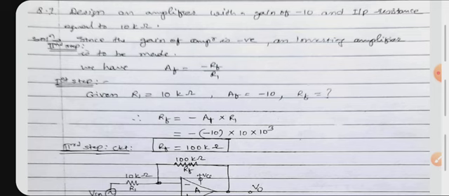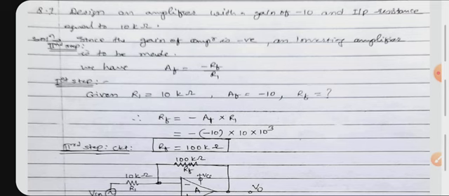Designing of any circuit means calculating the values of unknown components. Here by default the op-amp IC is IC741. You just have to calculate the value of R1 and RF. R1 is given, you have to calculate the value of RF.